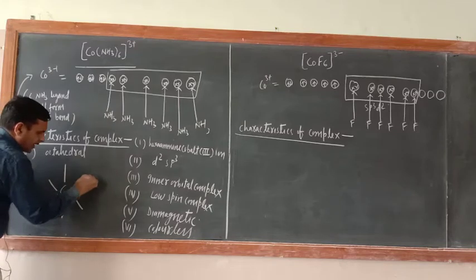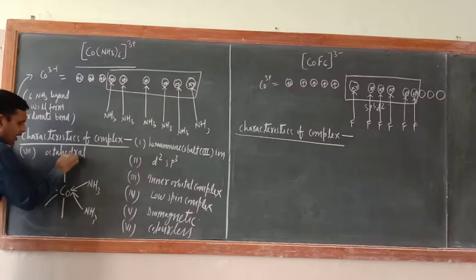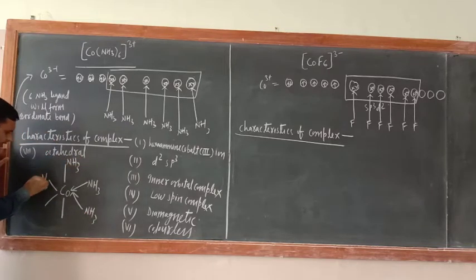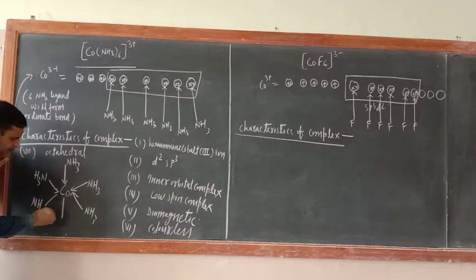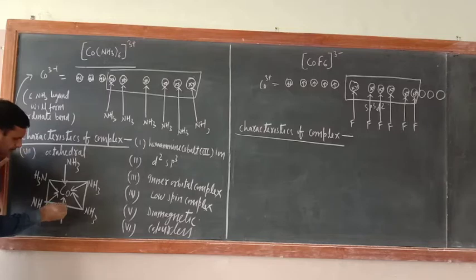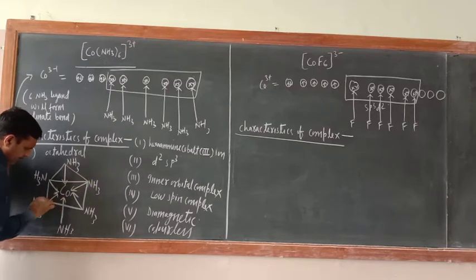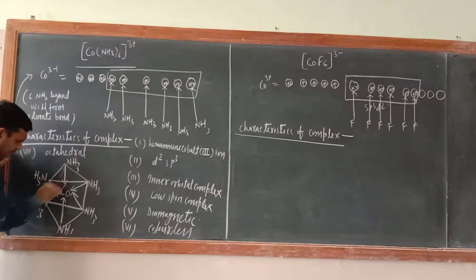Here NH3, here also NH3, here also NH3, here NH3, here NH3. Okay. This is octahedral shape. Correct or not? Now here also NH3. This is octahedral geometry.